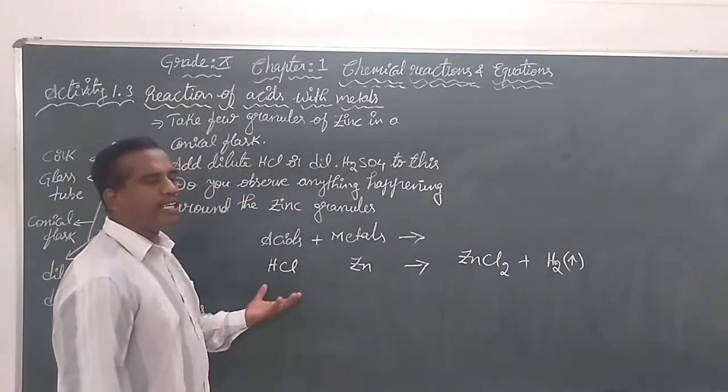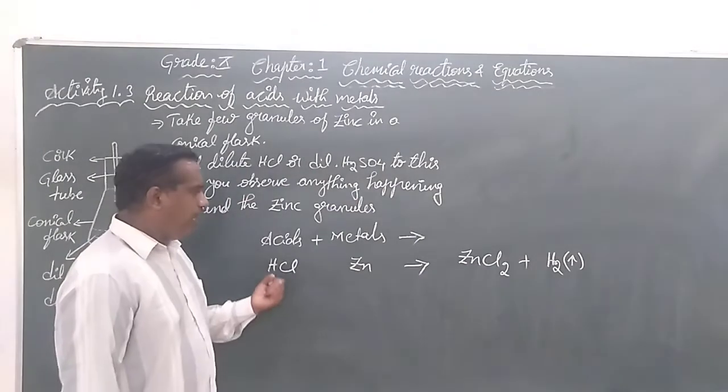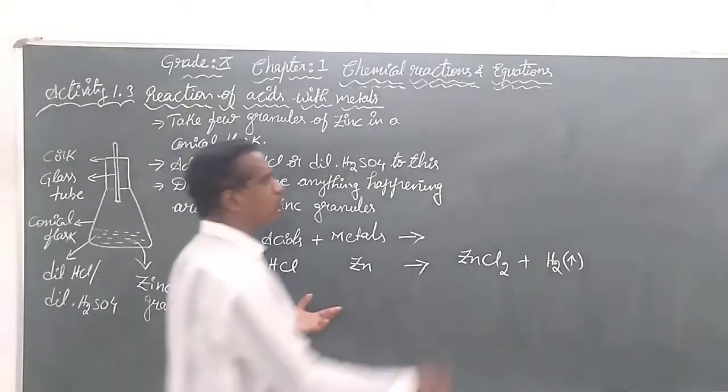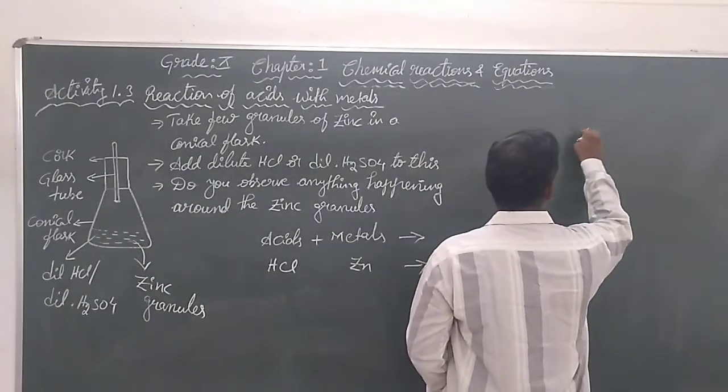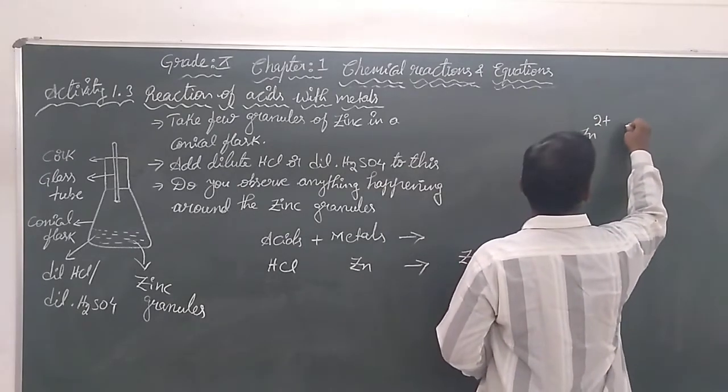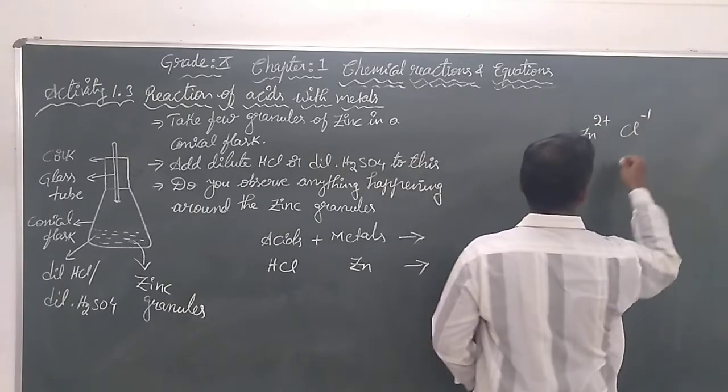Please observe, I didn't balance the reaction. According to the 9th standard topic, zinc shows a valency of 2 plus, whereas chloride shows minus 1.